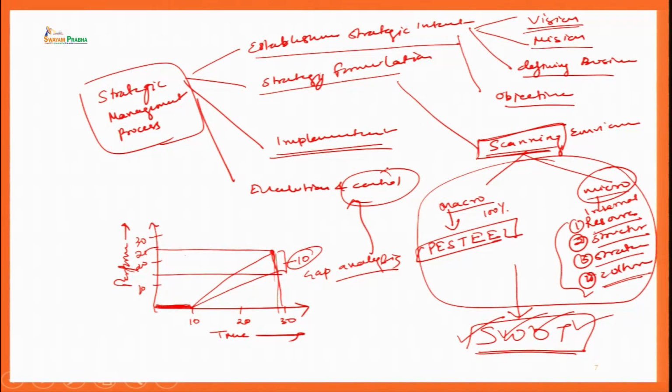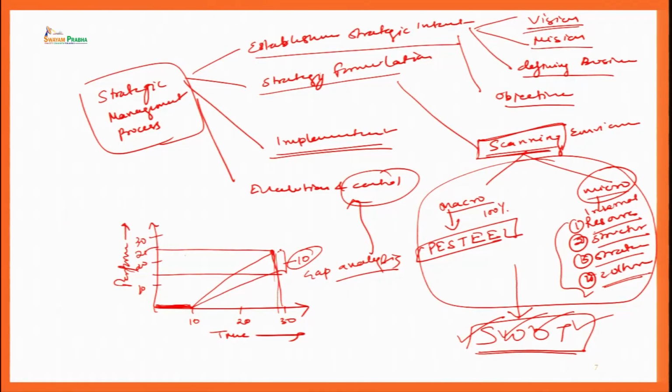That means whenever you are implementing the strategy, that is not all going to suffice the purpose. You equally have to find out how you are going to control if any deviation comes. For controlling you have to evaluate, and for evaluation there are certain gap analysis mechanisms which different companies make use of.